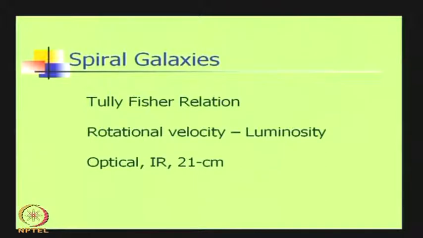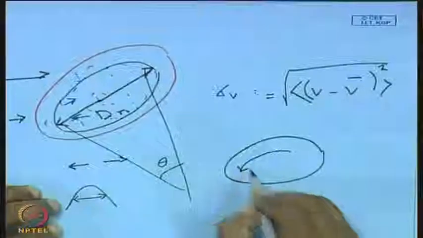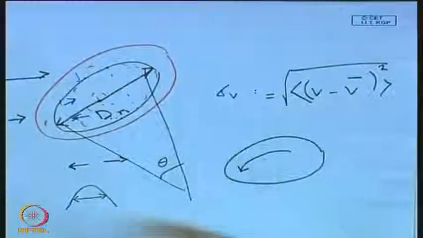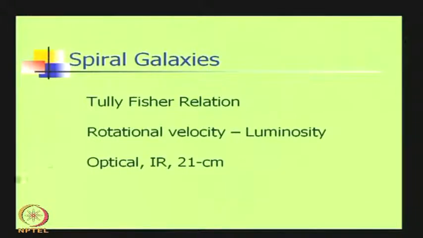For spiral galaxies, so we have also learned that there is another type of galaxy called a spiral galaxy. In a spiral galaxy, we have a disk, and the disk is rotating. So, for spiral galaxies, it is found that again the rotational velocity is related to the luminosity, and this is called the Tully-Fisher relation.